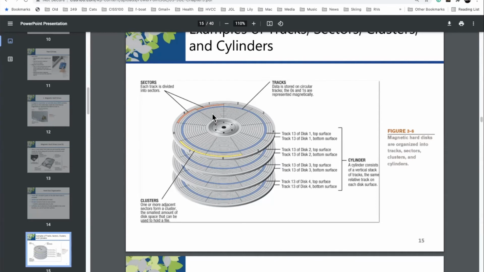Typically, the minimal cluster size you're going to see is, say, 4 sectors. The sector is 512 bytes, so 1024, 2048. 2048 bytes will be the smallest addressable cluster or unit on a hard drive. Now think about this. I can't process anything that's sitting out on a hard drive.